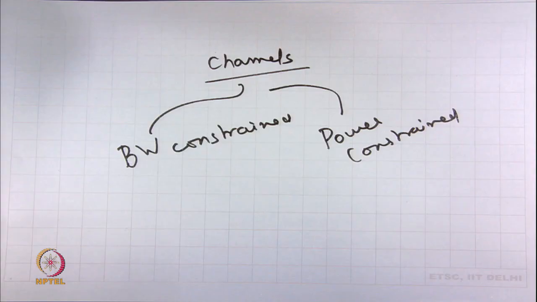So, the modulation schemes that we would like to focus on now are those beneficial from the point of view of power constrained channels, like satellite channels. And these modulation schemes are orthogonal modulation schemes.